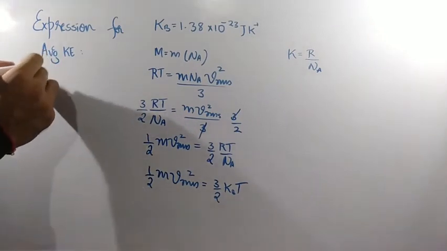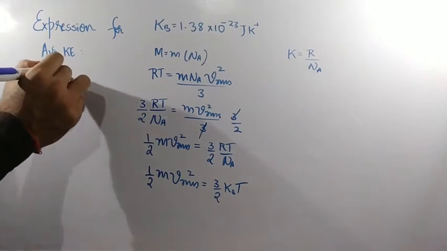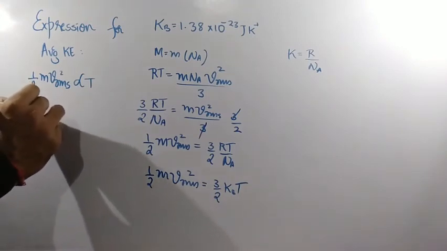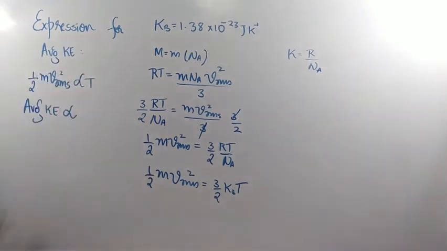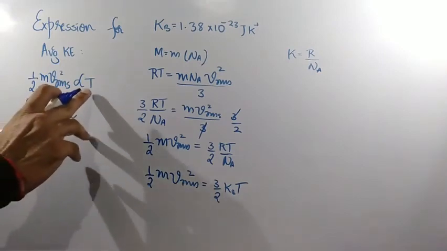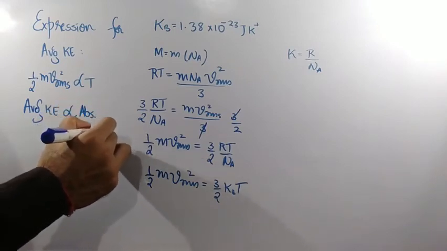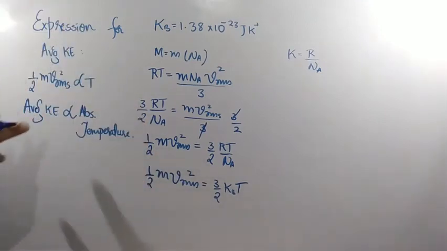Half m Vrms square is proportional to temperature T, or we can write average kinetic energy is proportional to T. T stands for temperature, but not only temperature, it is absolute temperature. So average kinetic energy is directly proportional to absolute temperature.